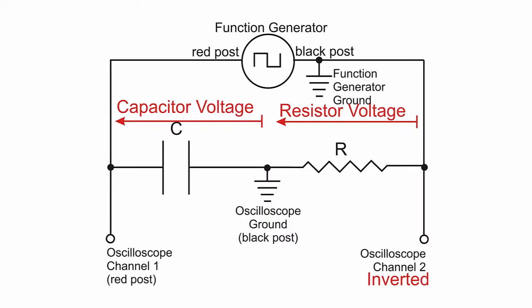The oscilloscope has a function where you can invert the signal on one of the channels. By inverting the signal on channel 2, we can display the resistor voltage measured to the left in the same direction that we're measuring the function generator voltage.